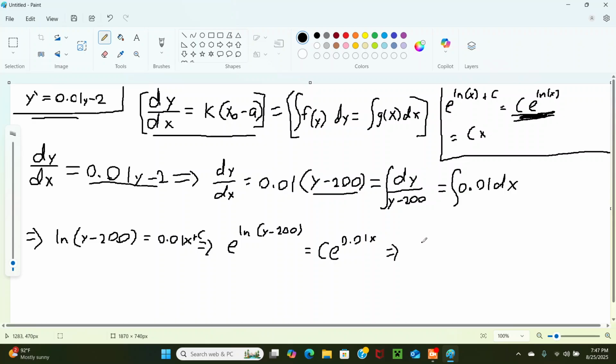So we're left with y minus 200 is equal to c e to the 0.01x.